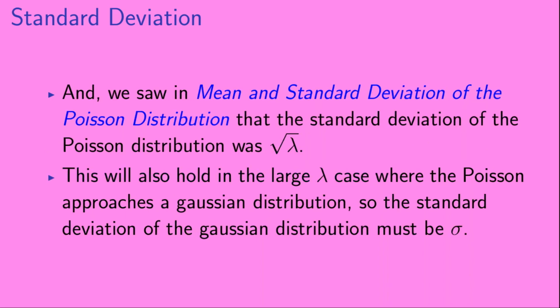Also, we saw in mean and standard deviation of the Poisson distribution that the standard deviation of the Poisson distribution was the square root of lambda. This will also hold in the large lambda case where the Poisson approaches a Gaussian distribution, so the standard deviation of the Gaussian distribution must be sigma.